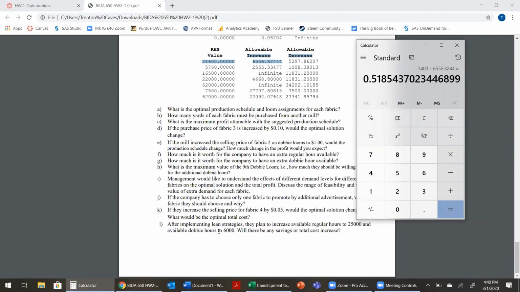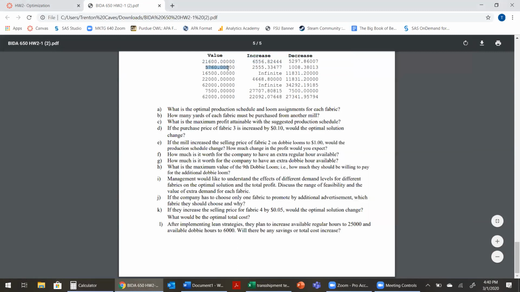Then our Adobe hours are increasing to 6,000. They're currently 5,760. They can increase 2,555.